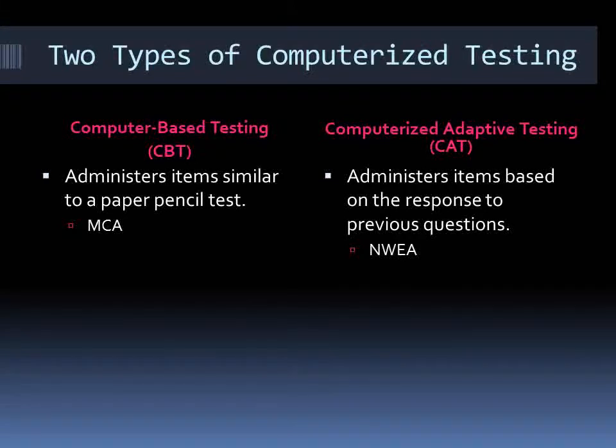It administers items based on the response to a previous question, and then it finds the level that the students are at. So it gives them just a question at their level where they should be, and if they get it right, it goes harder. If they get it wrong, it goes easier, and then it just kind of levels out and finds their basic level.